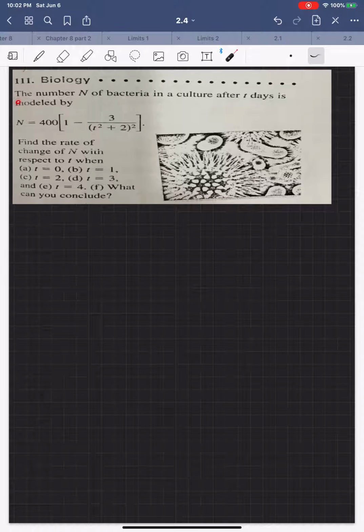It says, the number n of bacteria in a culture after t days is modeled by the following function. So notice that the variable here is t, and that is time in days. And if I just plug a value of t, what will come back out is the number of bacteria in some culture.